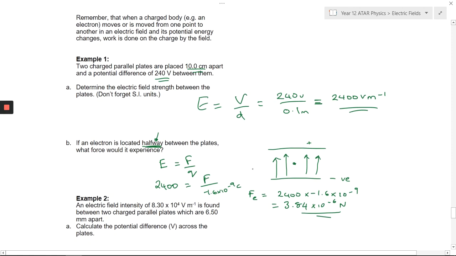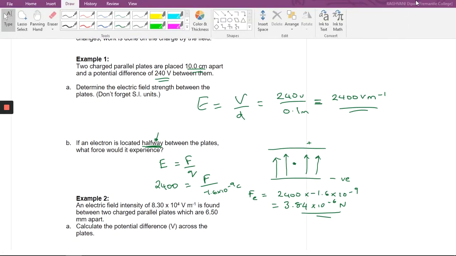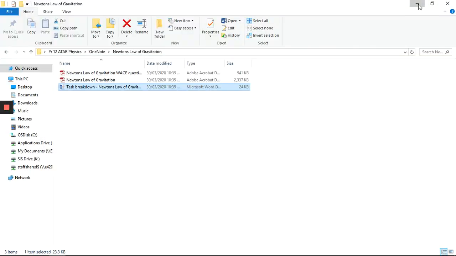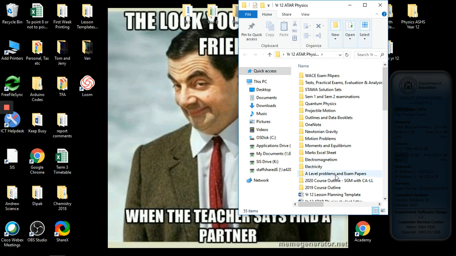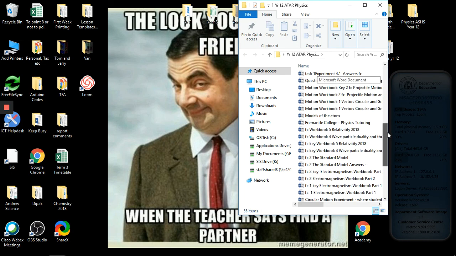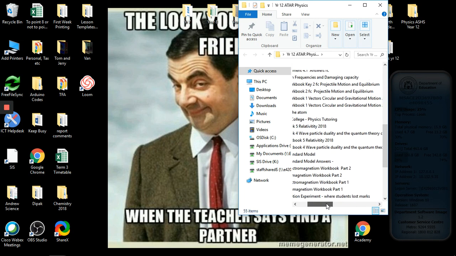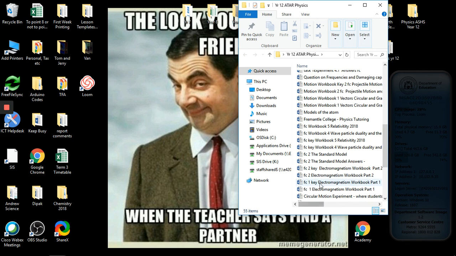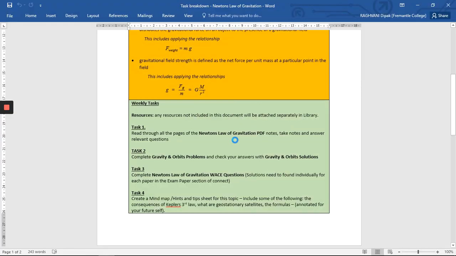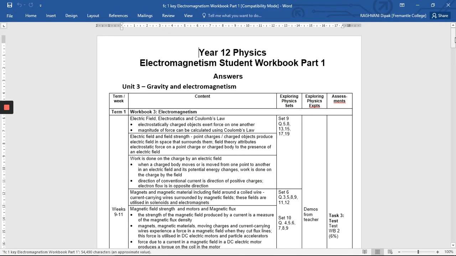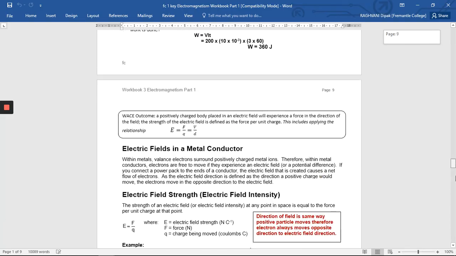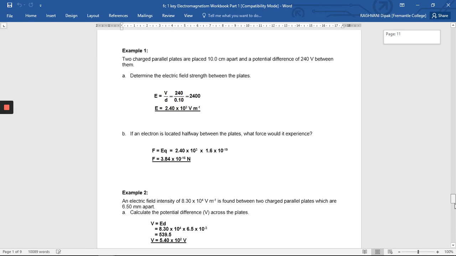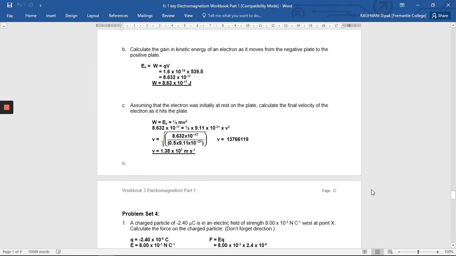Okay, I'm just going to quickly check the answers to this actually, because I don't want to give you the wrong answer. So let's just quickly check the answers, and then we're done for this video. Scroll through this part. Electromagnetism, workbook 1, and it's the key. And we're scrolling all the way down to the force halfway between the plates.